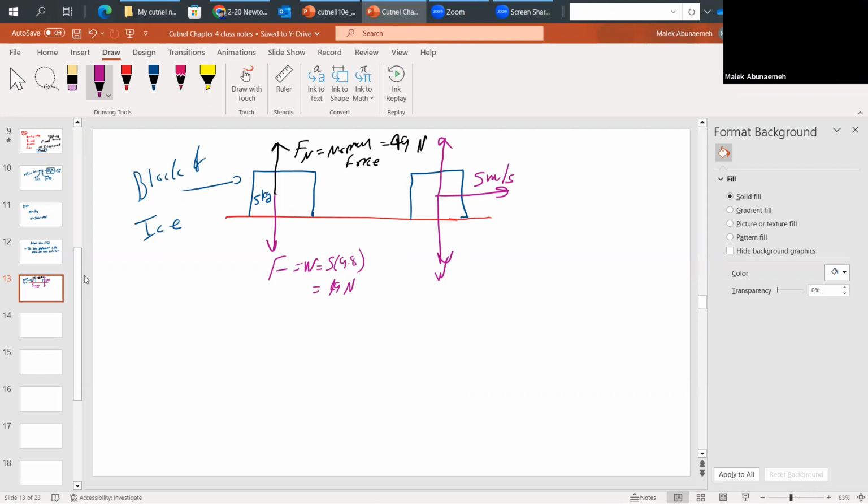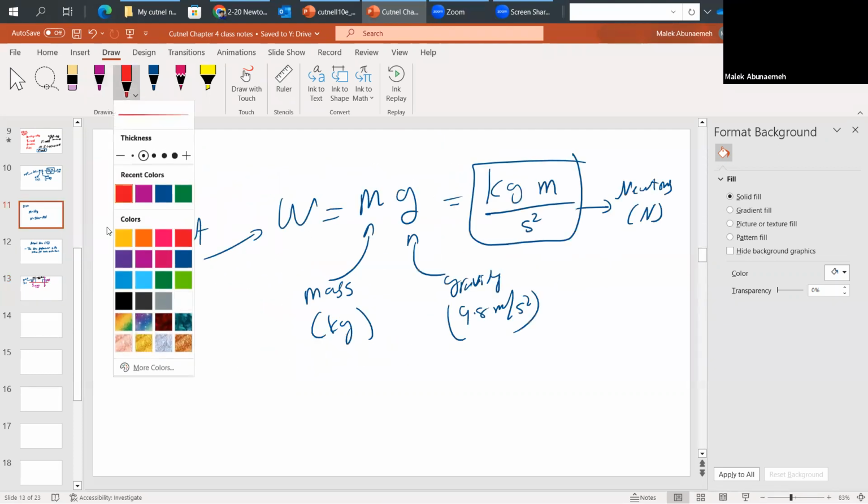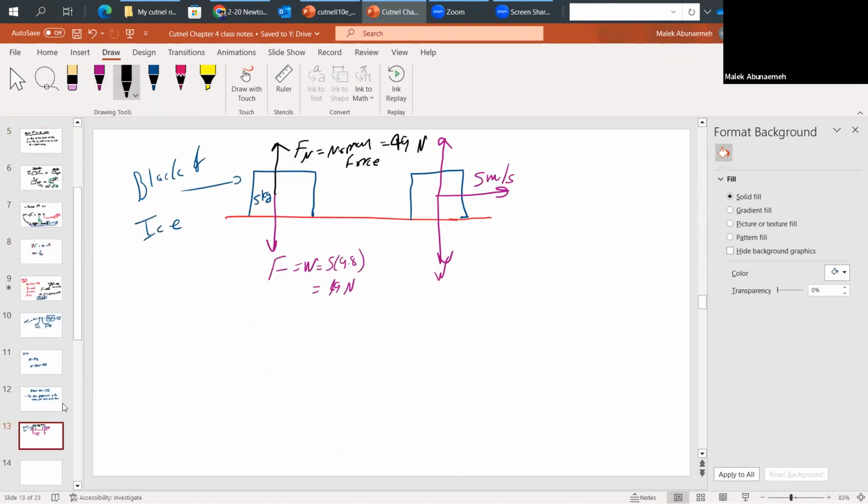You still would have the normal force opposing. So from Newton's first law, there is no net force acting on both of them, on both situations.